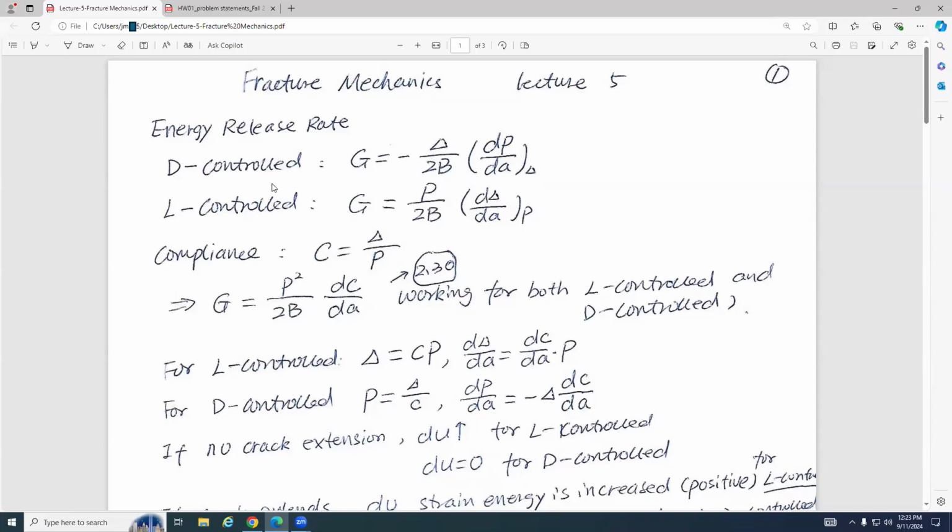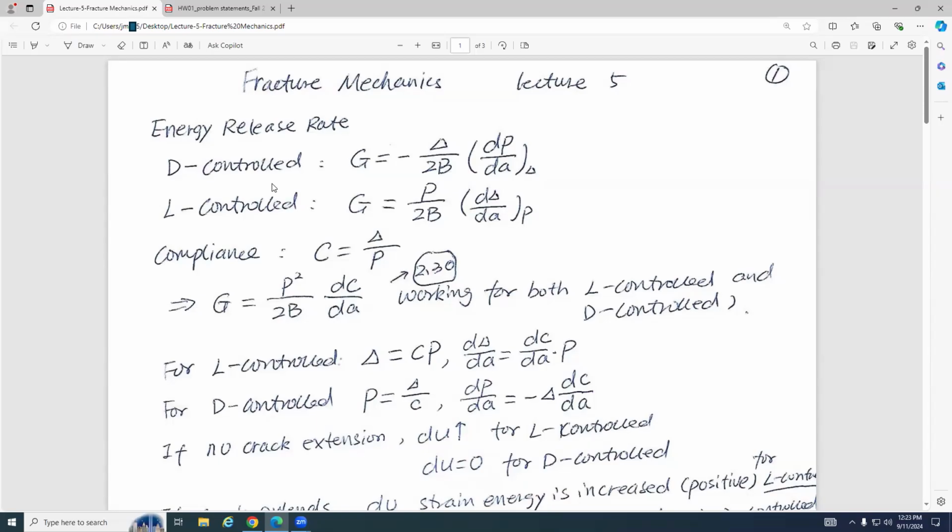Or totally confused? Obi? How do they change the crack length in the actual experiment? Will the crack grow, or will it just automatically grow? Yeah, you can say automatically, under some condition: if you have this load, you can see it grows. To do this load control, you need to follow the ASTM protocol.